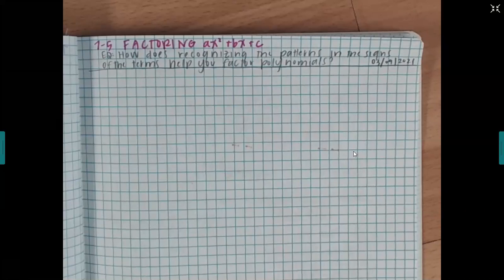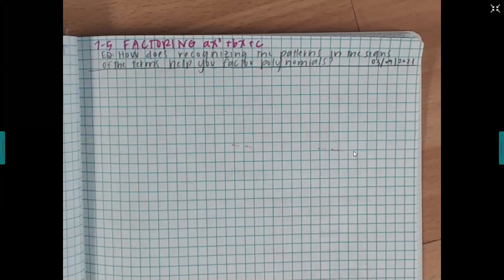All right, algebra students, in this section of topic 7, section 5, we are going to specifically look for patterns in the steps of these terms so that we can determine how to factor polynomials.